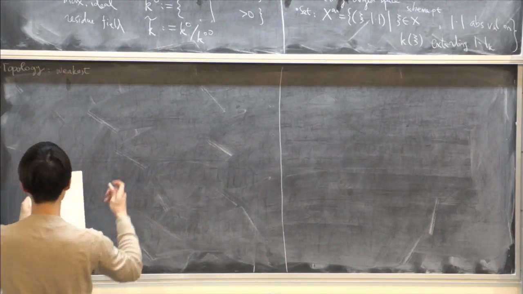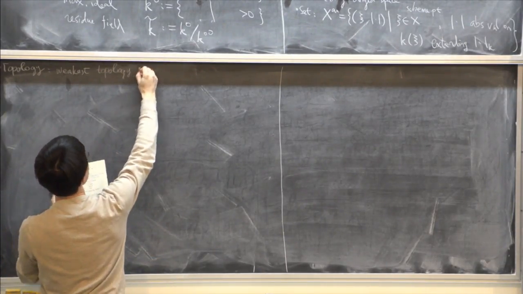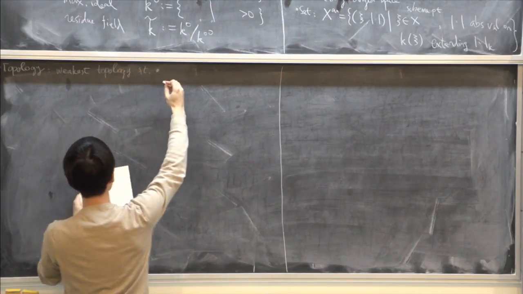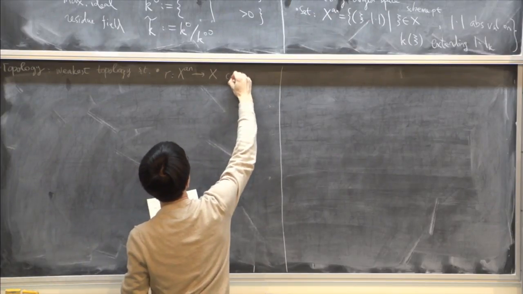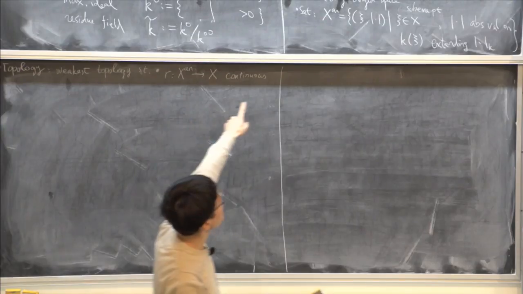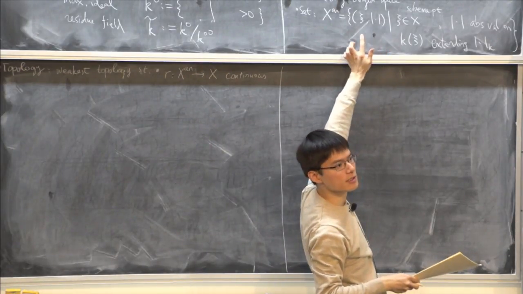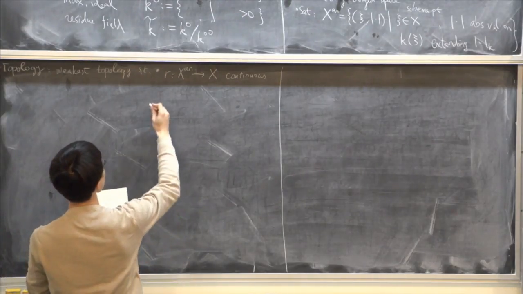So what topology do we put? We put the weakest topology such that, first, we want the map to be continuous. It's just the map forgetting the absolute value part: take psi, forget the absolute value. This is continuous.